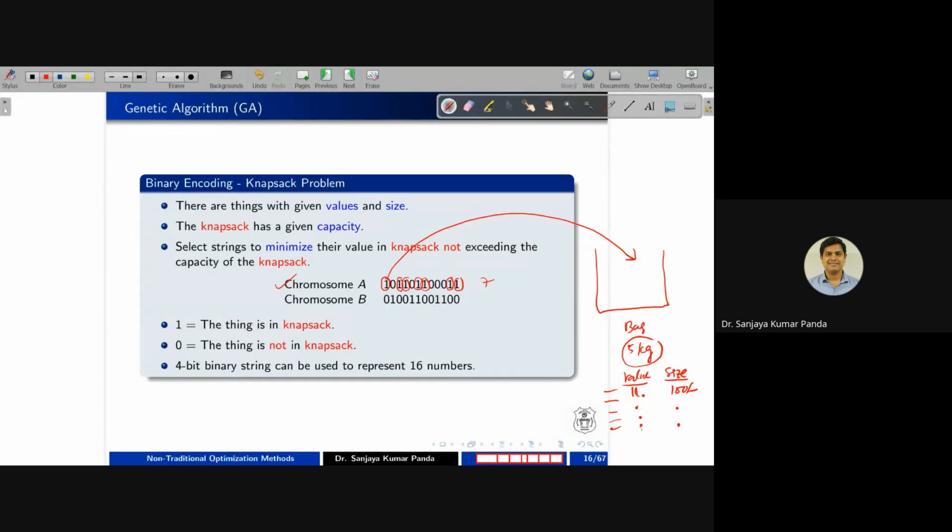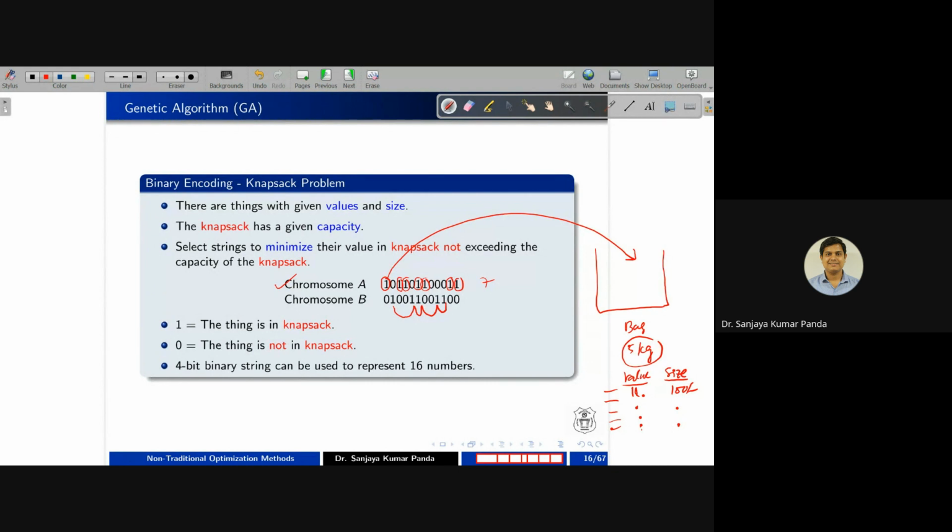But another person is also having the same type of bag, whose maximum carrying capacity is 5 kg, but that person has selected the second item, let's say 5th item, 6th item, let's say 9th item and 10th item. So different people are taking different items based upon their capacity, right or not?